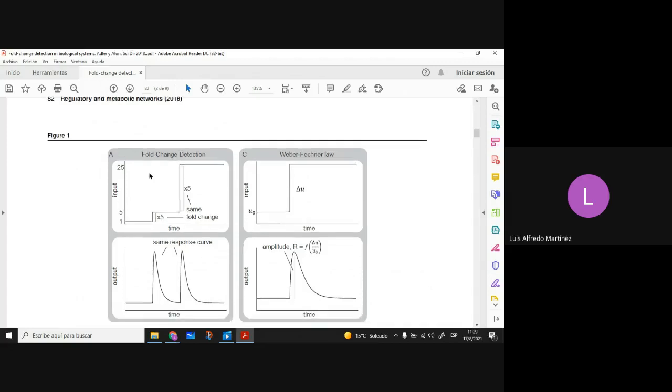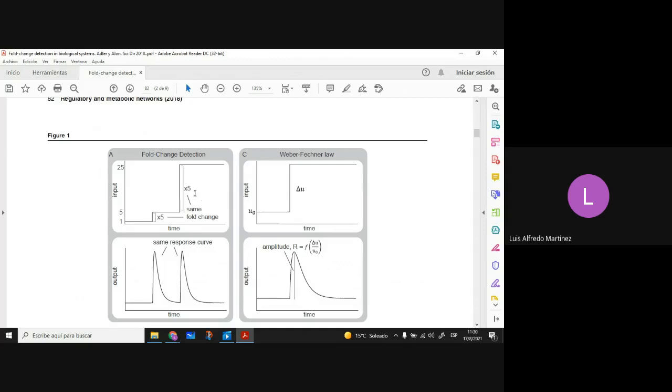In these figures, we can see that the quotient between input and time is the same. For example, 25 and 5, the result is 5. 5 and 1, the quotient is the same.